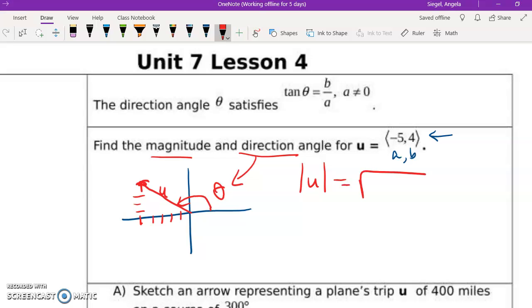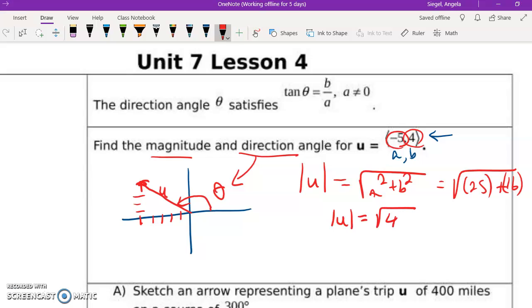Equals the square root of a squared, I'll just go ahead and write it. So I have 25, that's a squared, and then plus 16, that's b squared. Okay, so 25 plus 16 is 41. So the magnitude of u is the square root of 41.